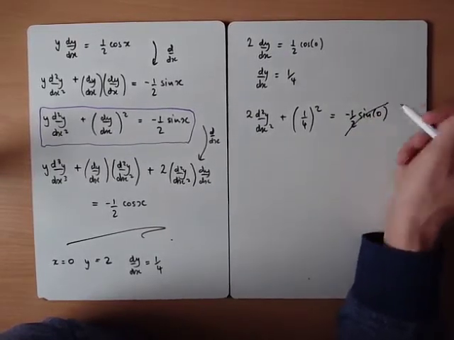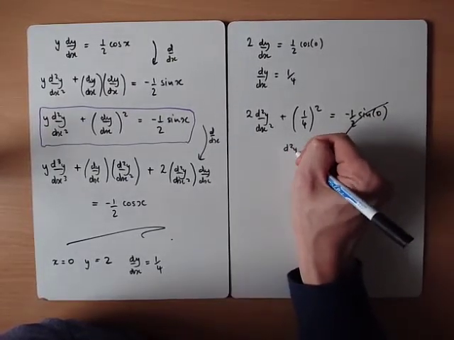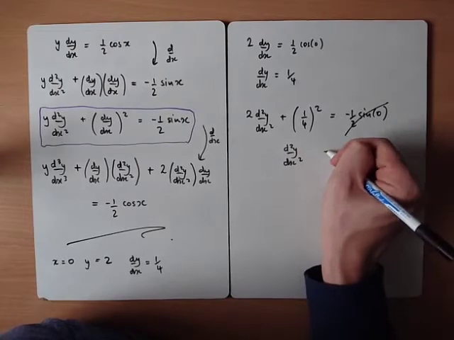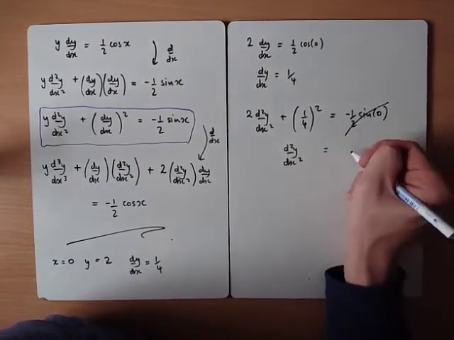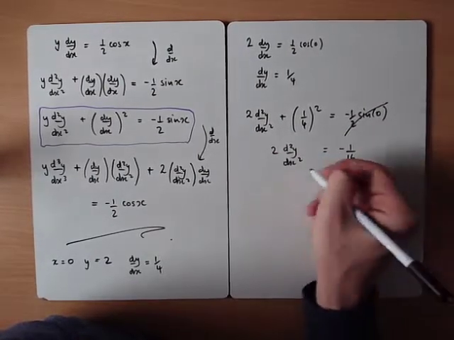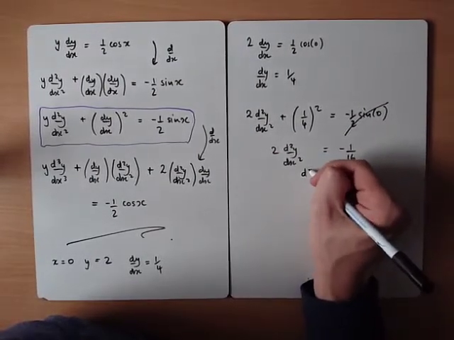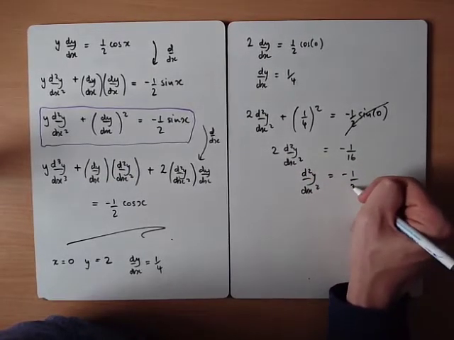Now sine of 0 is 0. So we've got d2y by dx squared. A quarter squared would be 1/16, so that would be minus 1/16. So then we can divide by 2 to get d2y by dx squared equals minus 1/32.